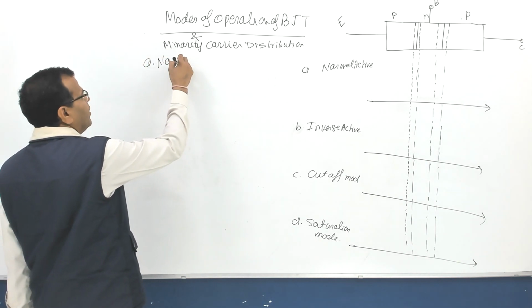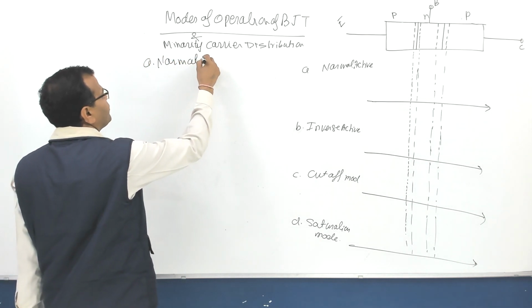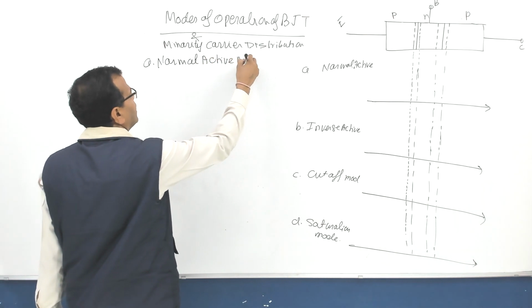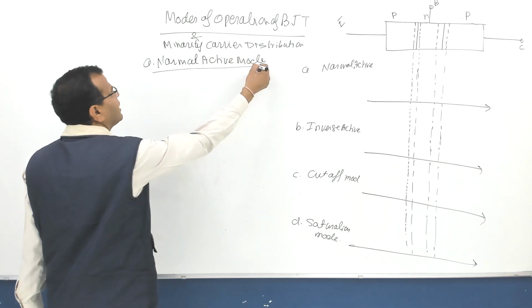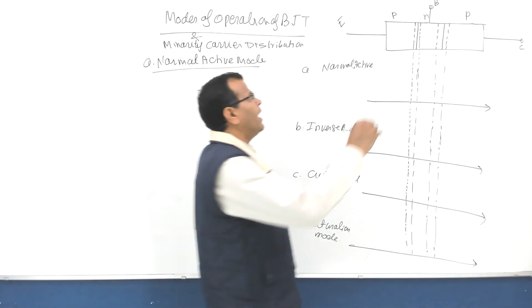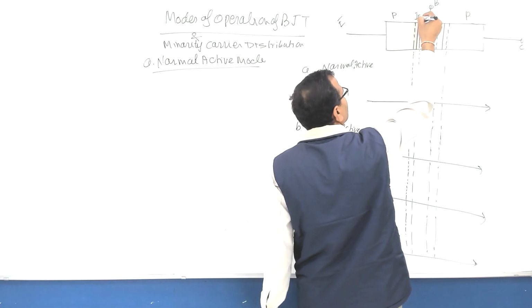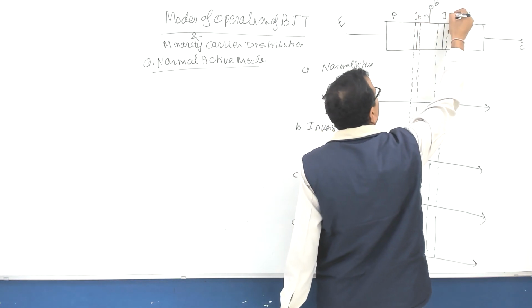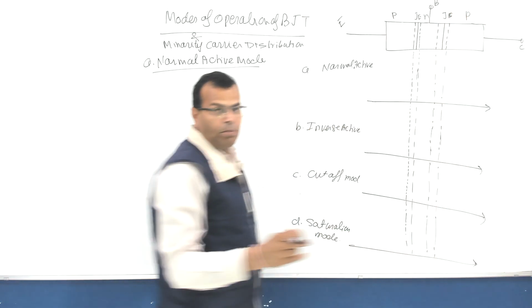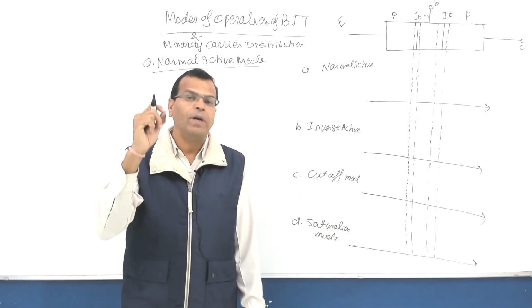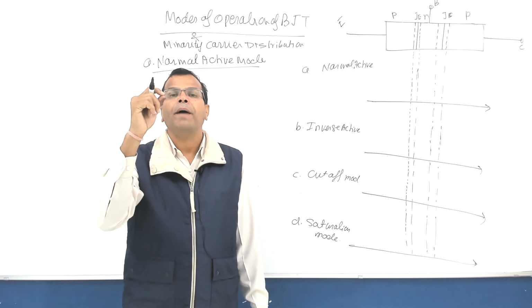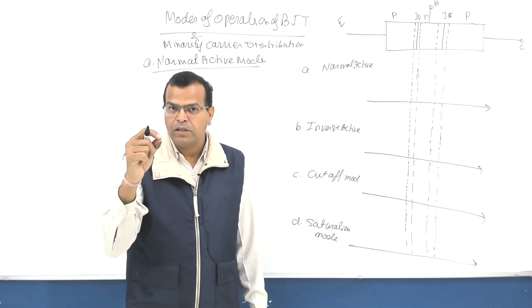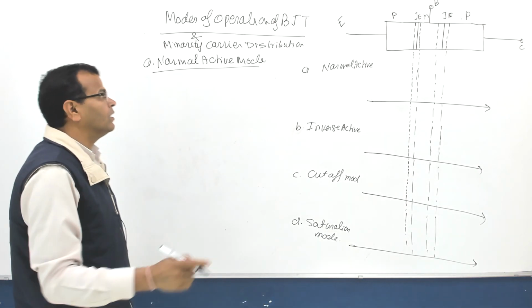Normal active mode. That is the first mode of operation, normal active mode. In normal active mode, this is the emitter junction, this is the collector junction. A BJT is said to be in normal active mode when the emitter junction is forward biased and the collector junction is reverse biased.